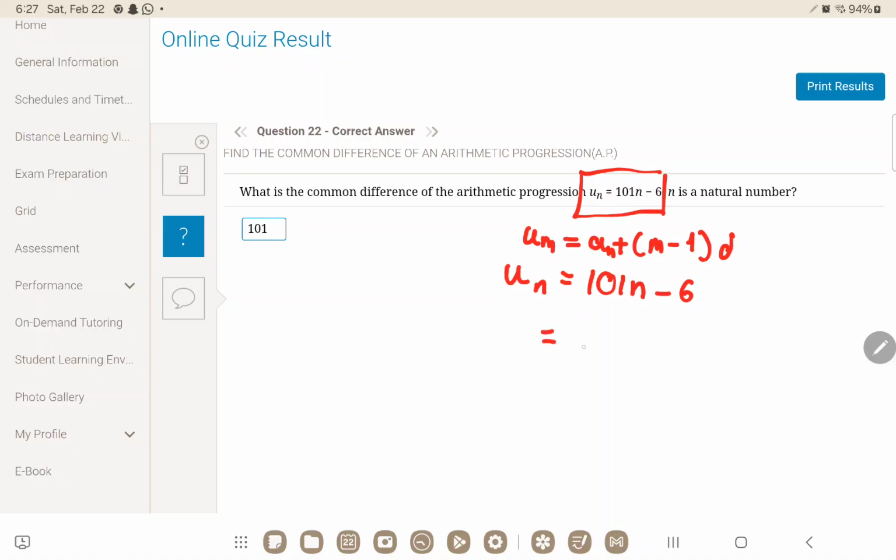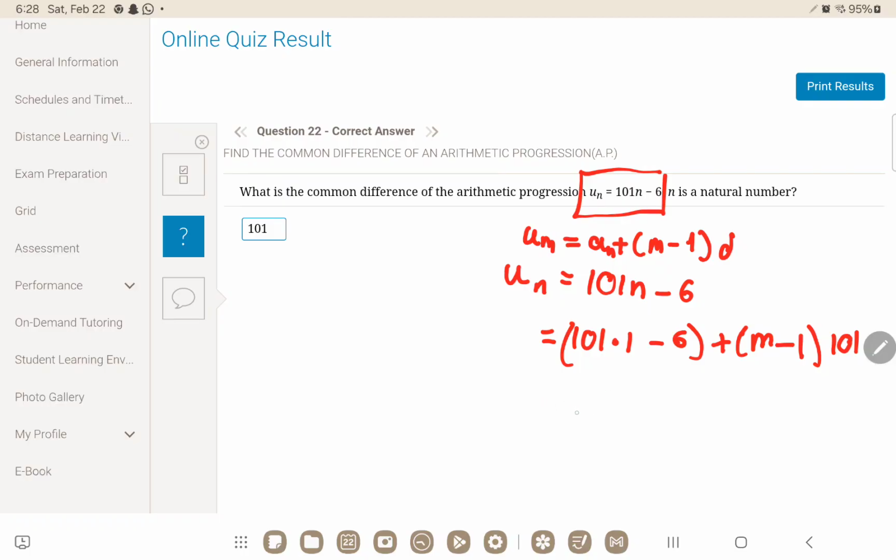So we need to make it look like this. It's equal to 101 times 1 minus 6, because that's what the a_n is, plus m minus 1, or n minus 1 as we did, times 101.